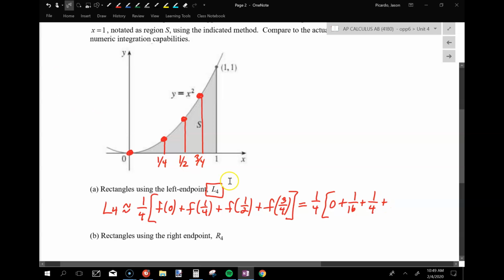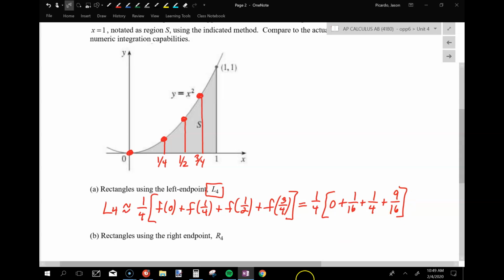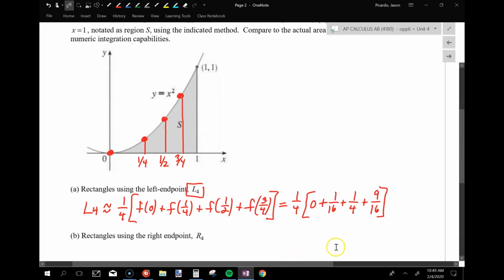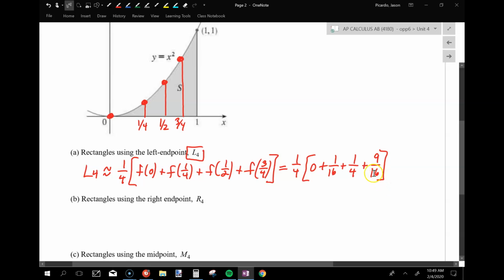What is 3/4 squared? All right, put these together. 9, 13, 9 and 4 is 13, 14 sixteenths. I think that's right. Yeah.